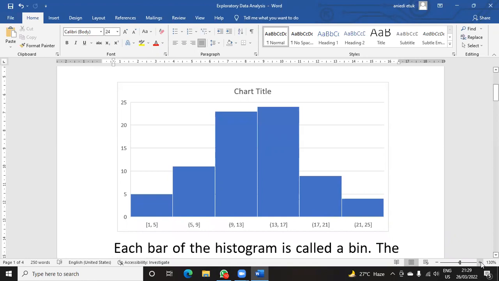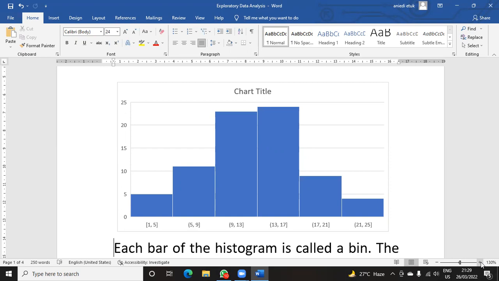With this histogram, these ranges can be used to explain age range. You can say children that are 1 to 5 years old, 5 to 9 years old, 9 to 13, 13 to 17, 17 to 21, and 21 to 25 years old. The y-axis has to do with the number, that is, the frequency.